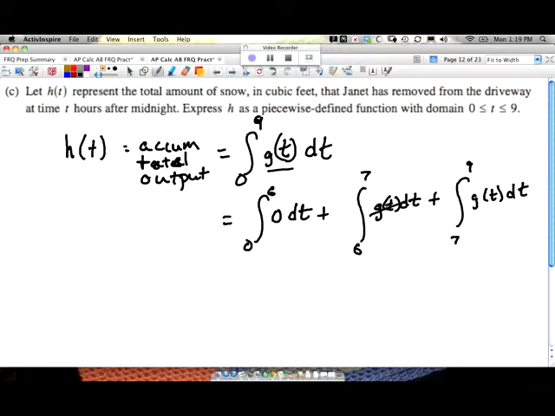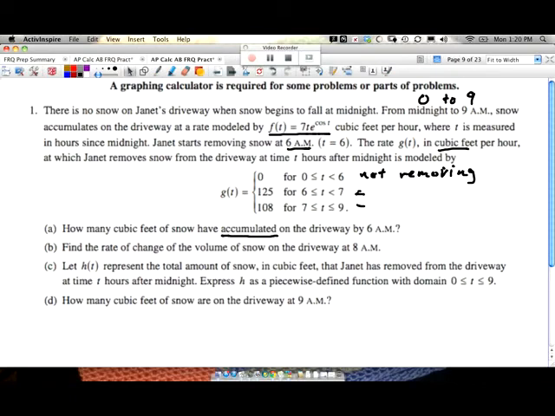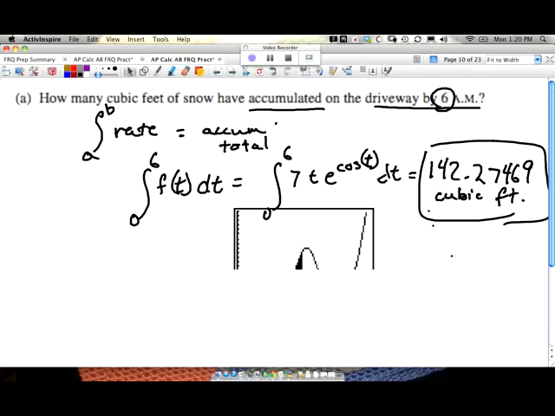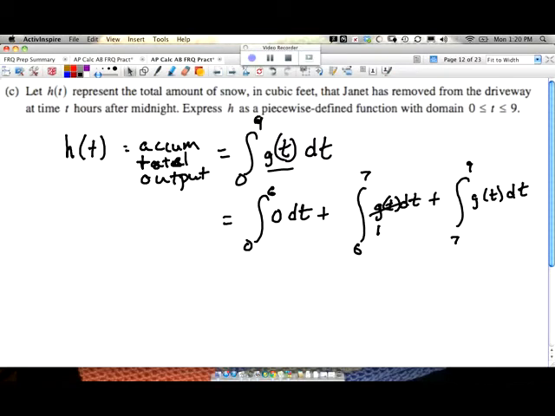And the first one's 0. This next one is actually, what was it, 108? No, 125, I think. Let's take another look at it real quick. It was 125. So this one's 125. And this next one is 108.